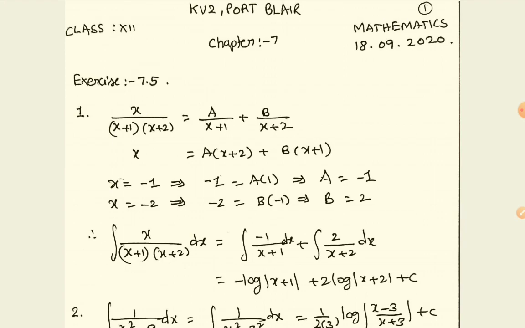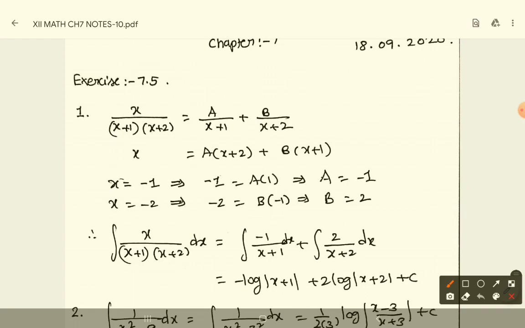Let me explain the first question, which is the integration of x by (x plus 1) into (x plus 2). As I told you, there are three types of integration by using partial fractions. The very first type is where the denominator can be expressed as distinct linear factors.